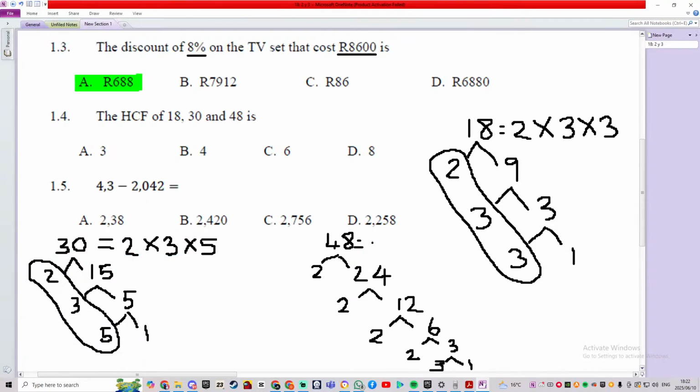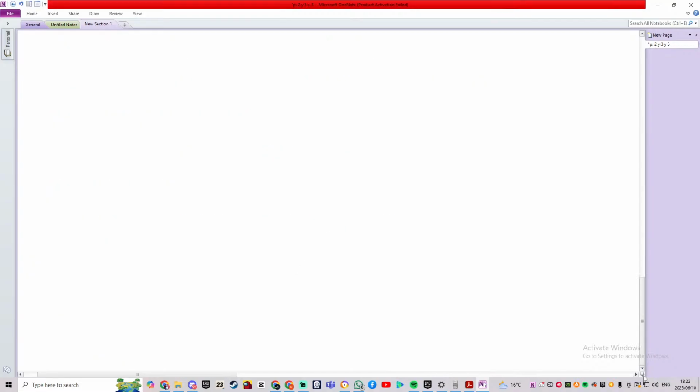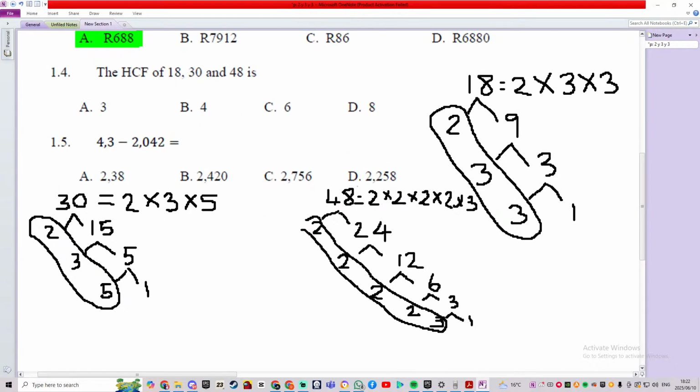Okay, it's fine. So for 48 we have 2 times 2 times 2 times 2 times 3. That is our product of prime factors there. Let me just add some space there.